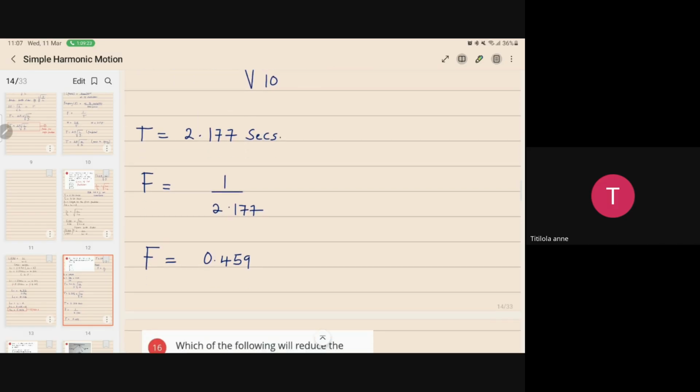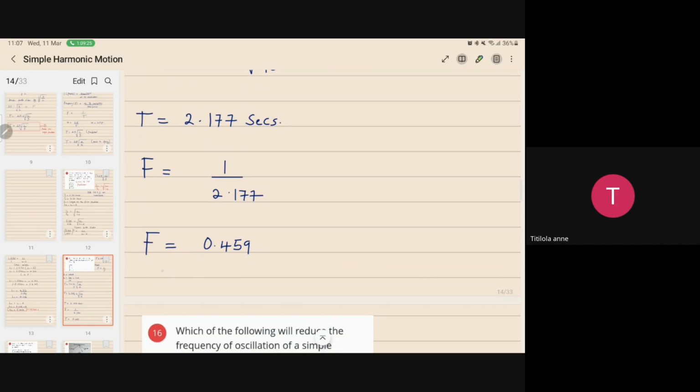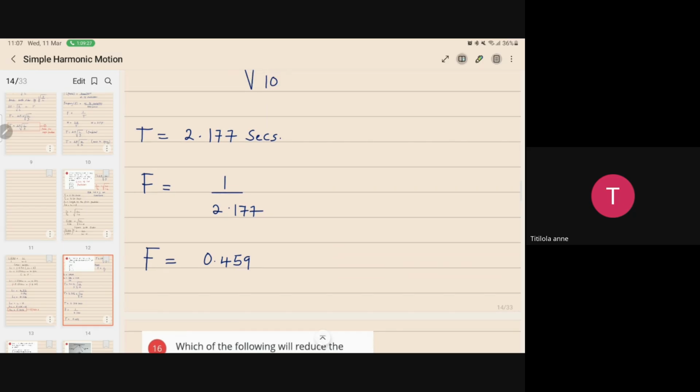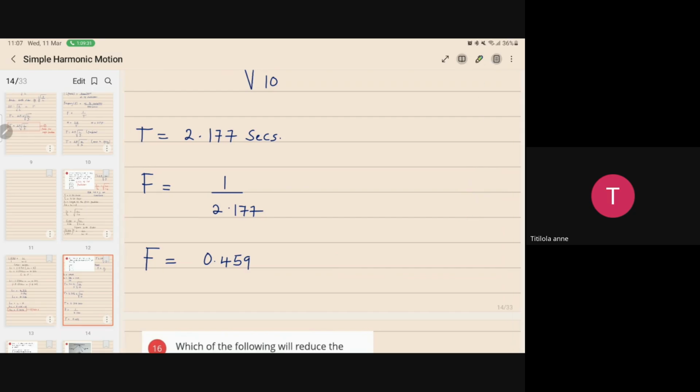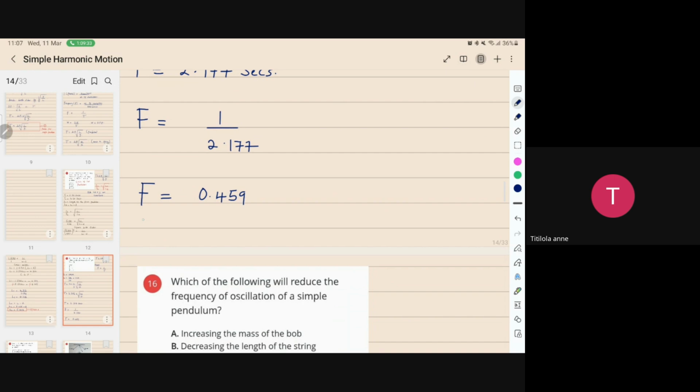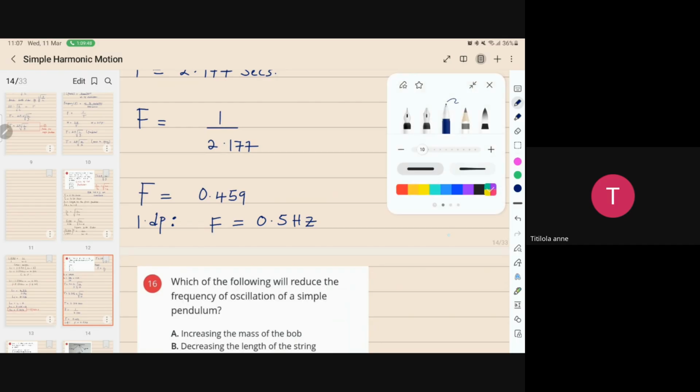So if you approximate to 1 decimal place, you have 0.5 hertz. So 1 dp, meaning 1 decimal place, simply means the frequency is equal to 0.5 hertz.